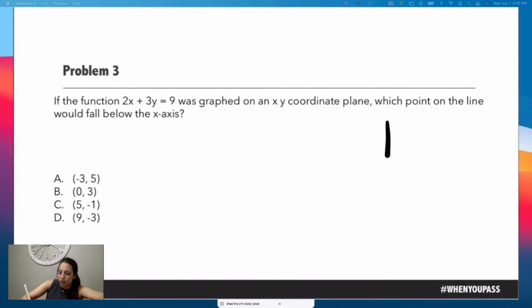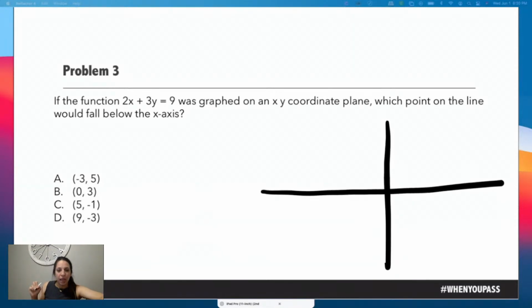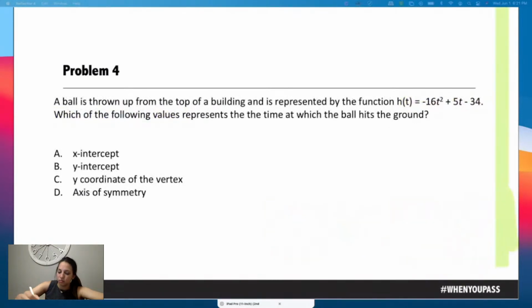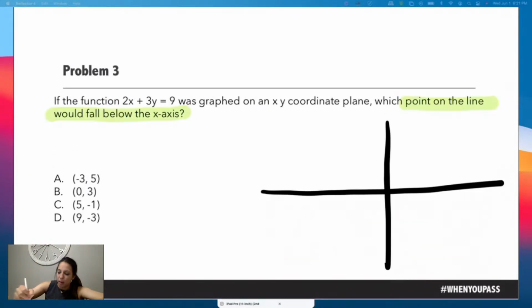If I have an xy coordinate plane and I'm looking for a point on the line that would fall below the x-axis, I'm looking for a point that's somewhere down here, which means my y value has to be what?